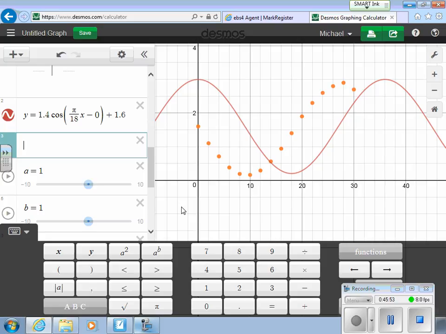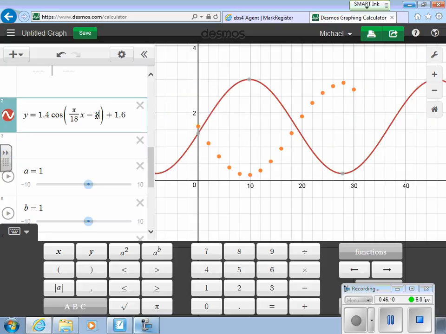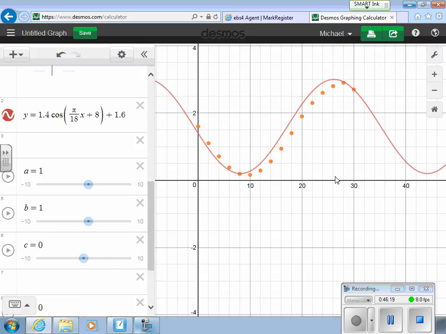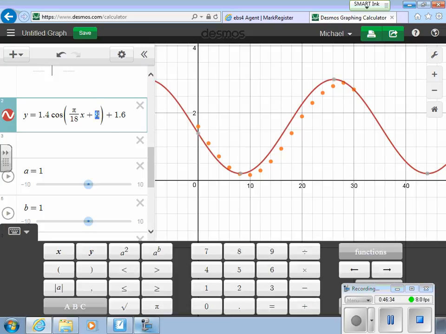You've got to have that in terms of pi. Let's try.